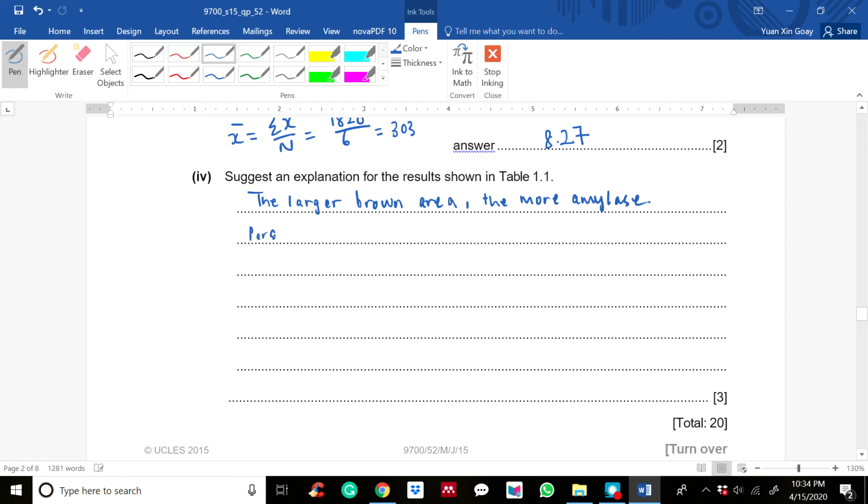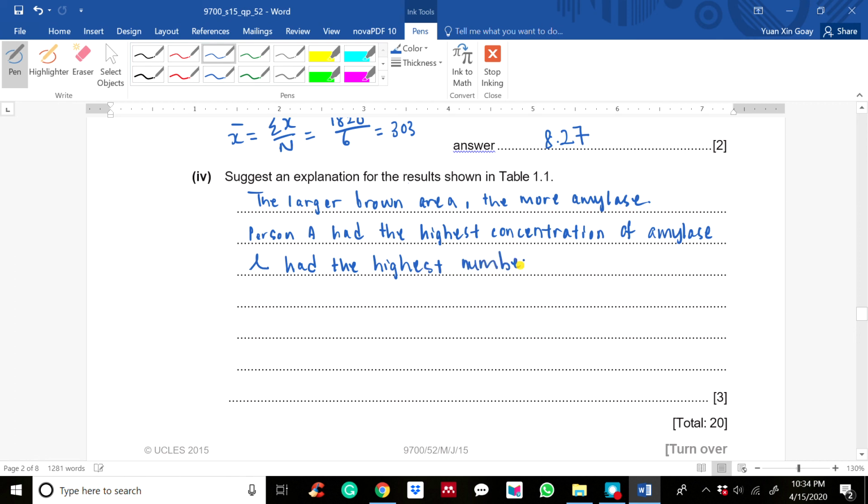So it is person A who had the highest concentrations of amylase, and also means that they had the highest number of gene copies.